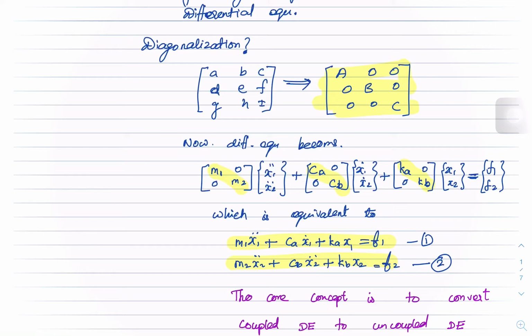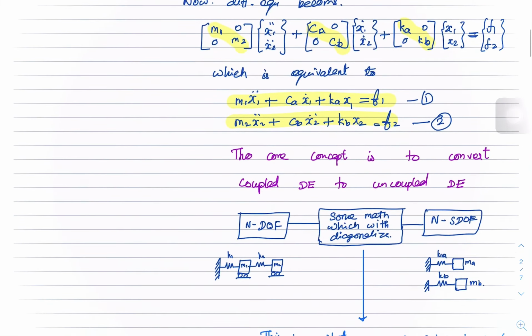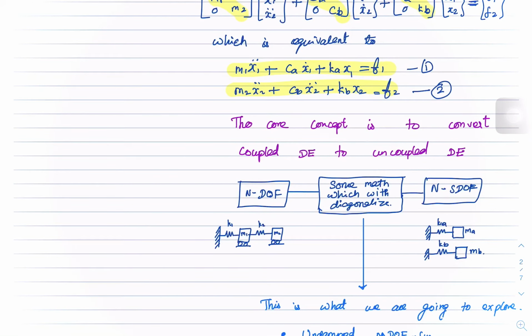What happened here is we converted a two degree of freedom system into two single degree of freedom systems. From this we can find the response of x1 and x2 independently. The core concept is to convert coupled differential equations into uncoupled differential equations.